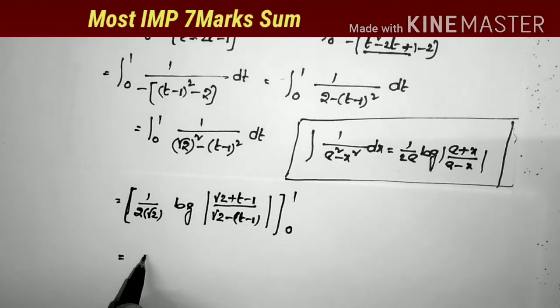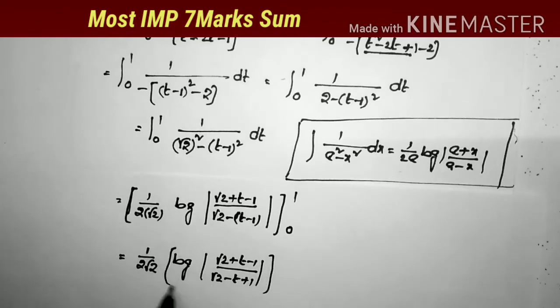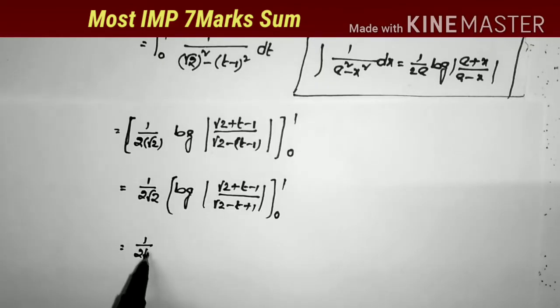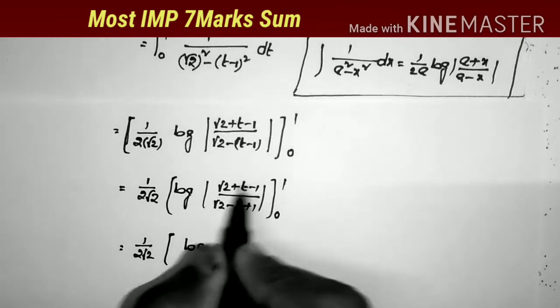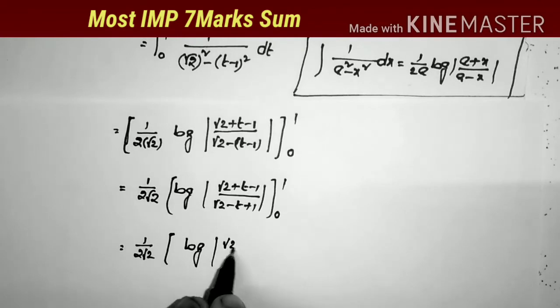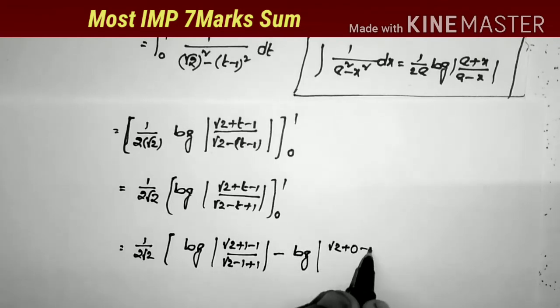So this is equal to 1 by 2 root 2 into log of (root 2 + t - 1) by (root 2 - t + 1), where the limits are 0 to 1. 1 by 2 root 2 into, now applying the limit values. First we have to apply the upper limit in the entire answer, that is (root 2 + 1 - 1) by (root 2 - 1 + 1) minus log of (root 2 + 0 - 1) by (root 2 - 0 + 1).